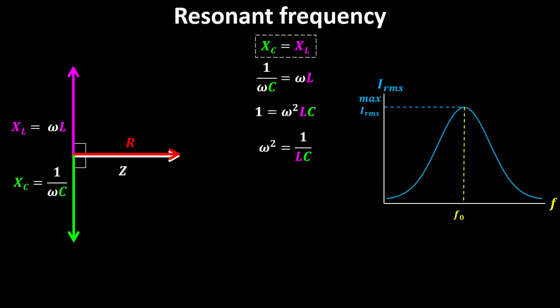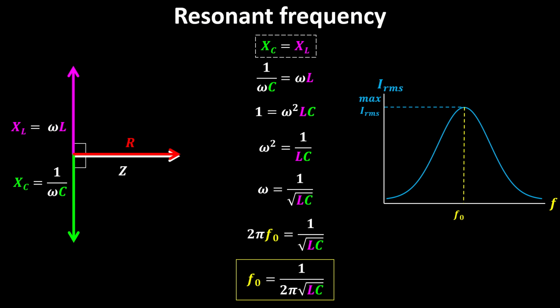Separating it into two terms, we've got omega squared is 1 over LC, so dividing both sides by LC. And then we're going to take the square root, so to get omega, it's 1 over square root LC. Omega can be expressed as 2 pi f. So 2 pi F0, where F0 is the resonant frequency, is 1 over square root LC, and then dividing by 2 pi, we get this expression where the resonant frequency is 1 over 2 pi times the square root of LC, the inductance times the capacitance.